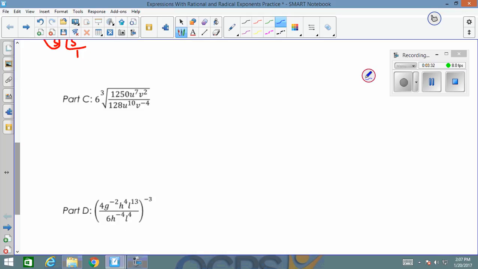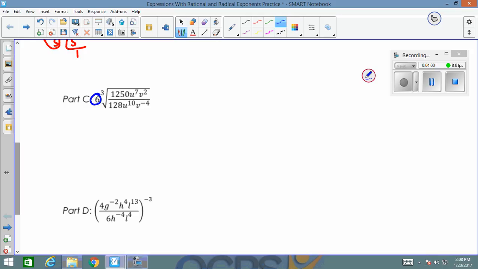Okay, in this case, we're going to leave this 6 off to the very, very end. We're going to simplify 1250 and 128. And so we need a number that goes into both.